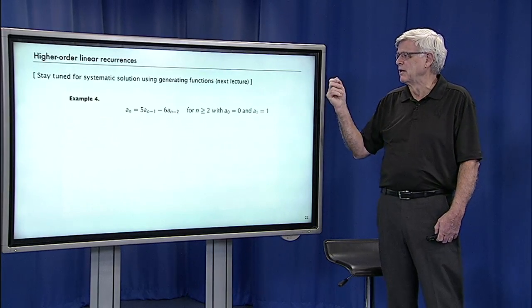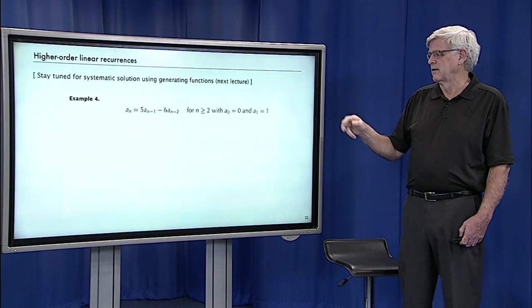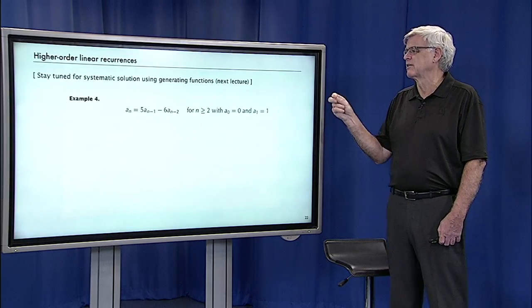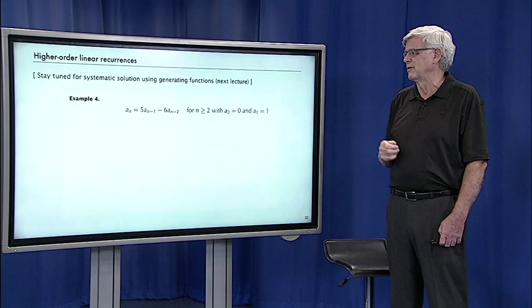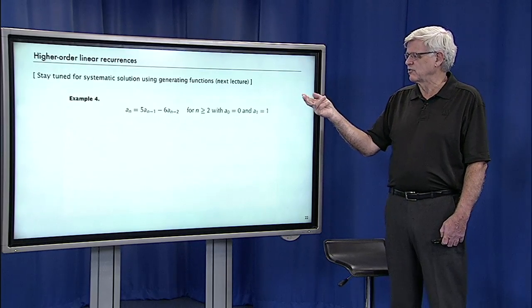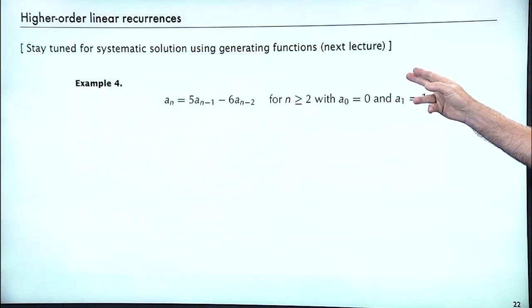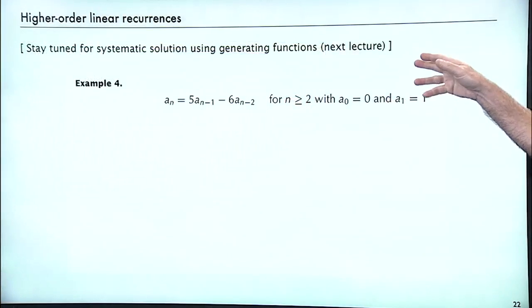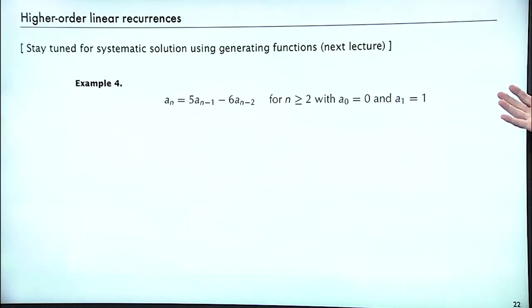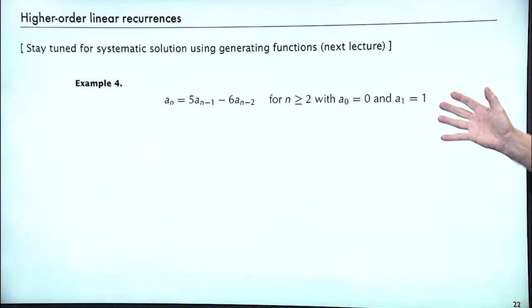But here's an example. This is a second order linear recurrence with constant coefficients, like the Fibonacci numbers. The idea is that it's hard to telescope this one. You could try to telescope it, but very soon you'd have a lot of terms and maybe not so much of an idea of where it's going to go.